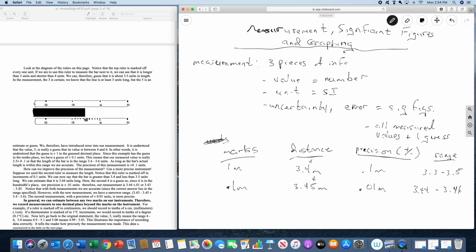Now, if I was to take this and make a whole bunch of little marks in between, which I can't do on this document, I can mark it off one more, and then I would carry it another digit.